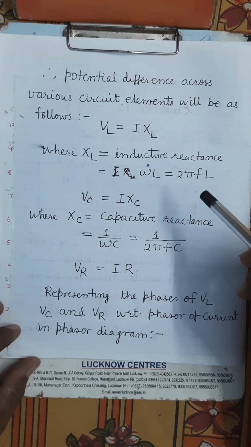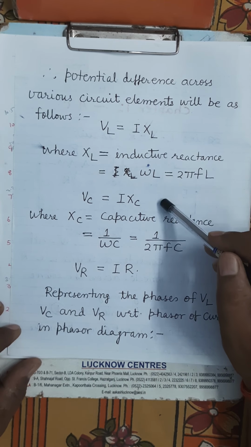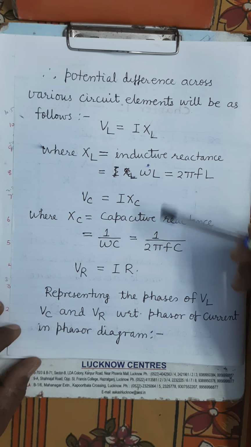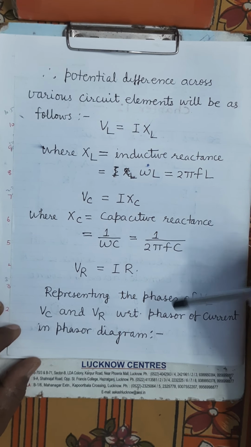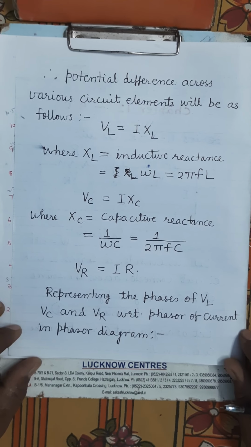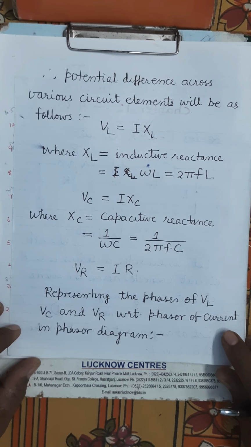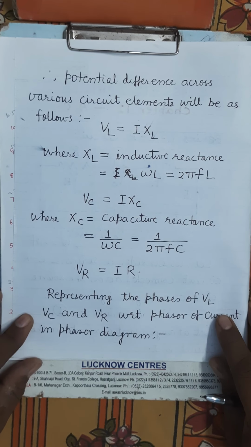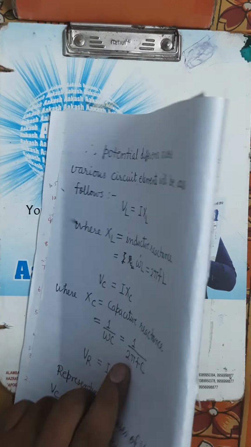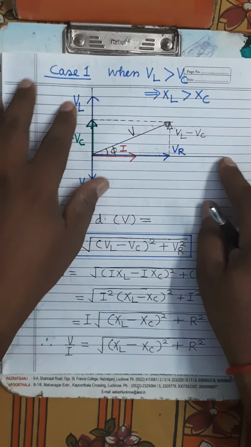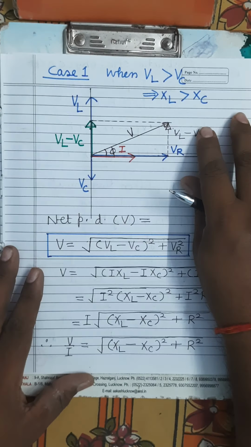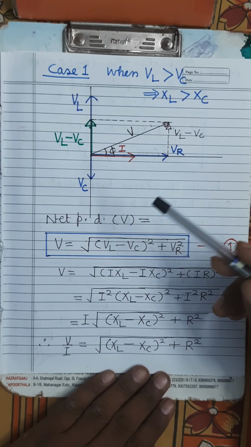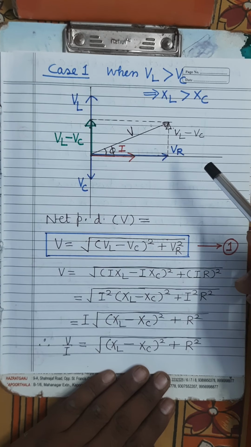But if we see the phase relationship of VL, VC, VR with the current I, we will find that all are different in phase with the current I. Here I have shown you on a phasor diagram, and you have studied this in the previous videos.